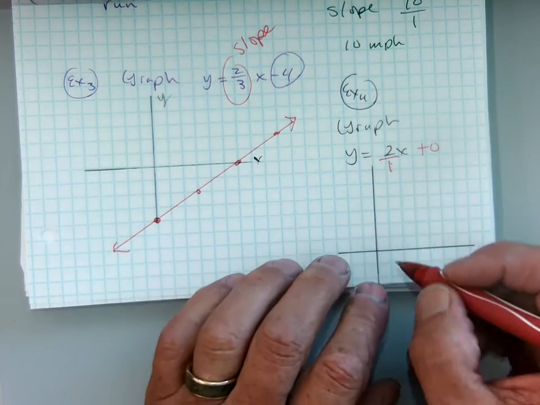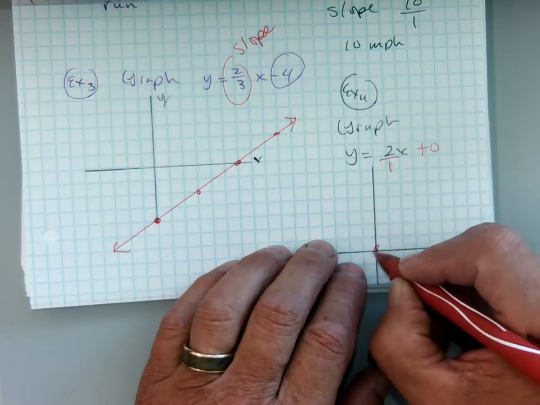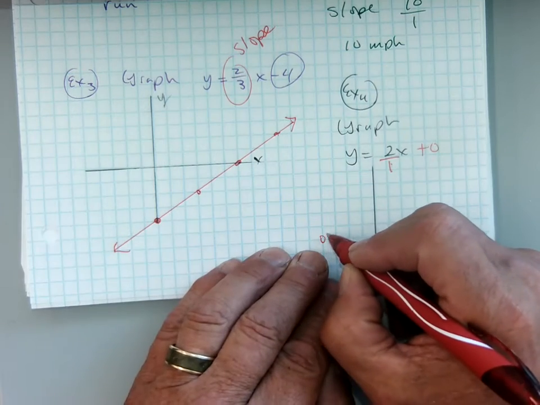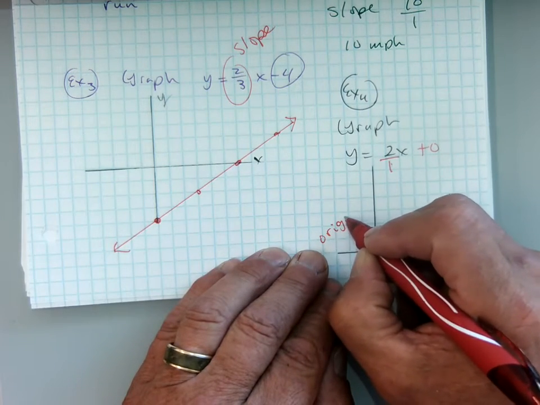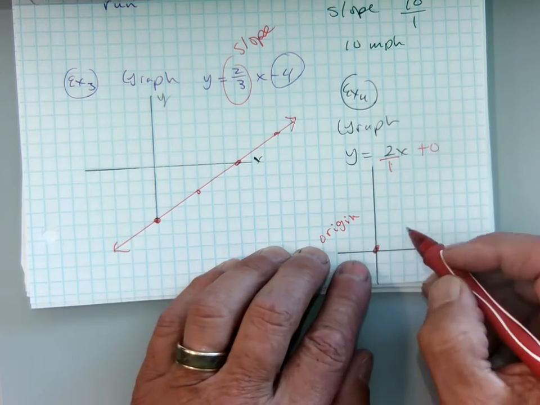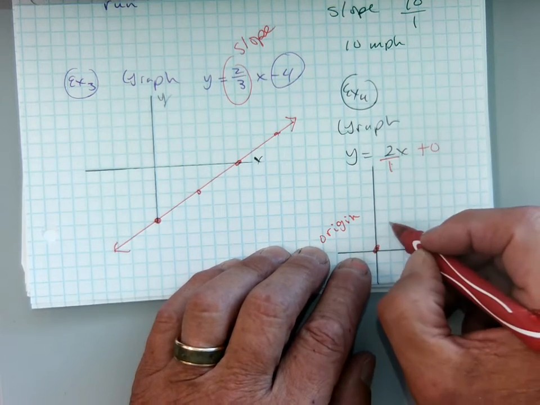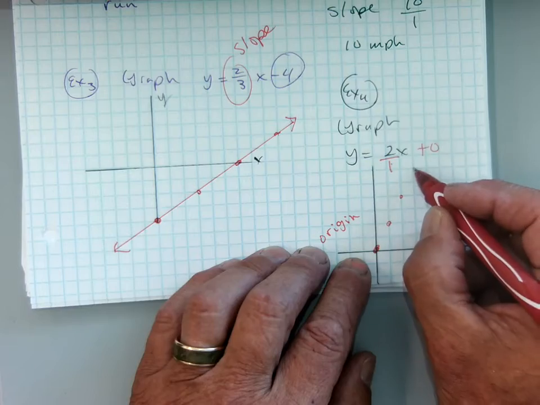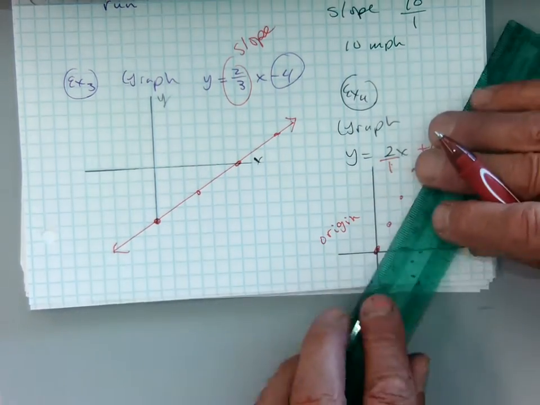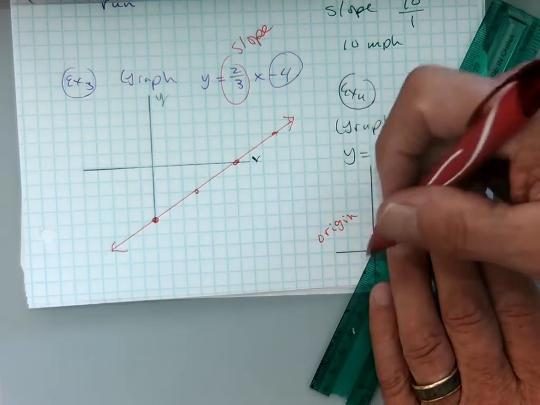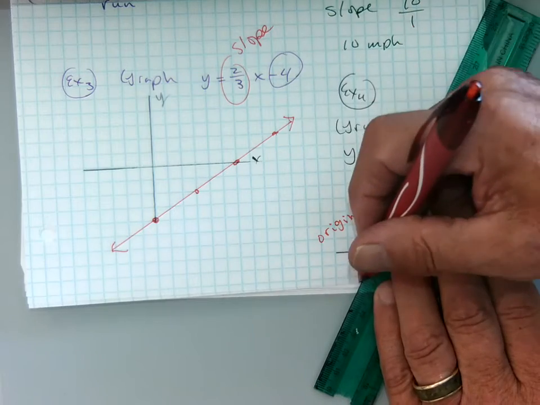At the origin. Fancy word, but that's called the origin. And then my slope is up 2 over 1, up 2 over 1, up 2 over 1. Good. Okay. And I'm going to graph that in.